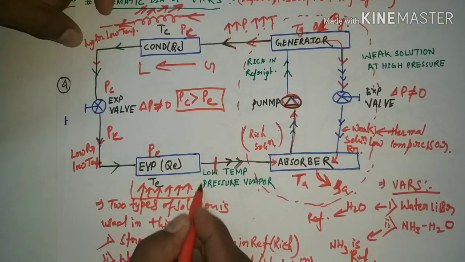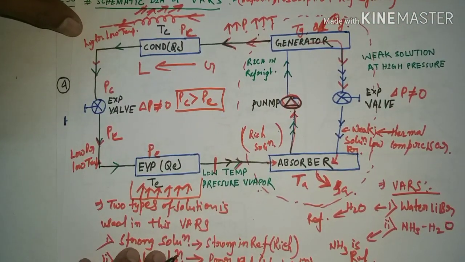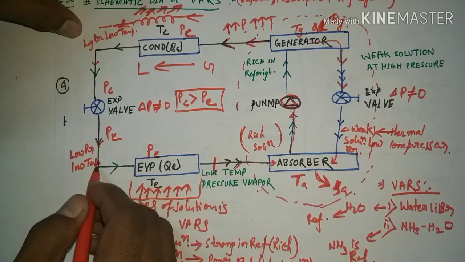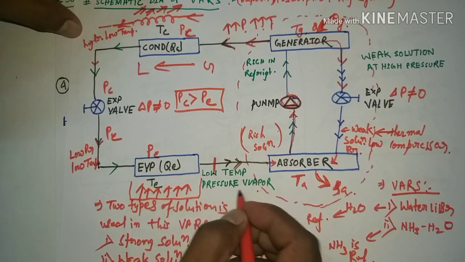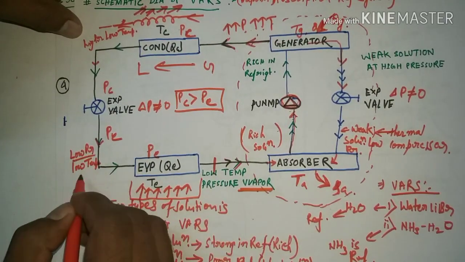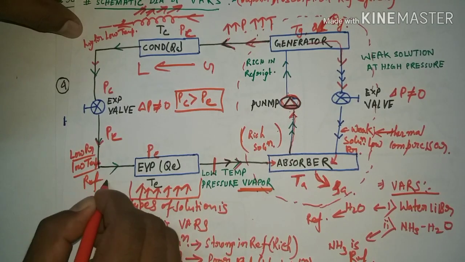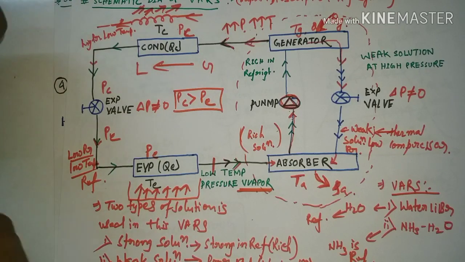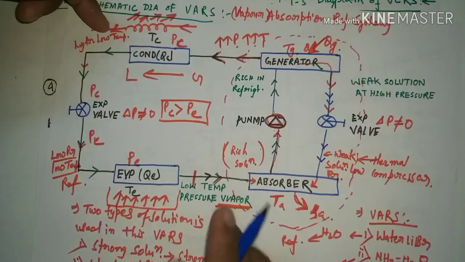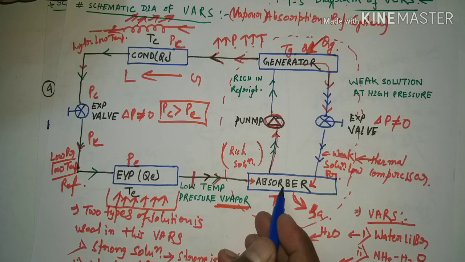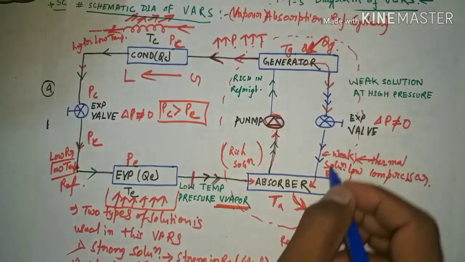It takes heat from the refrigerated space or air conditioning space, and the evaporation process occurs. That means this liquid is again transferred into low pressure, low temperature vapor, and this vapor again enters the absorber, where the weak solution comes from the generator.